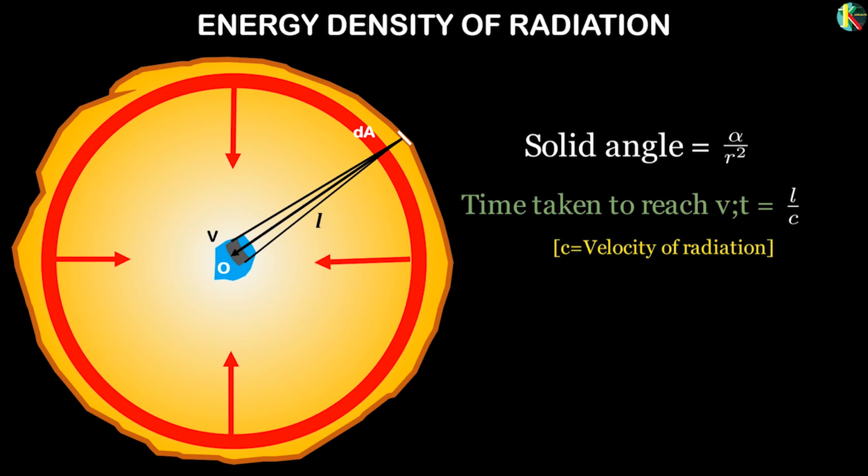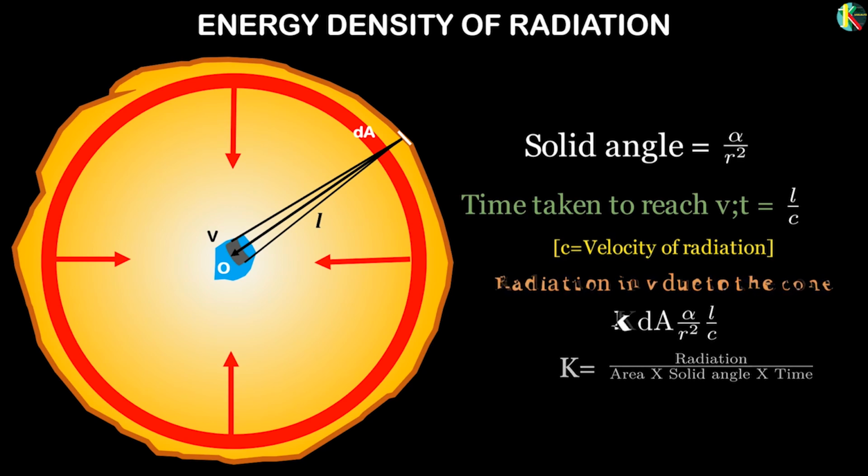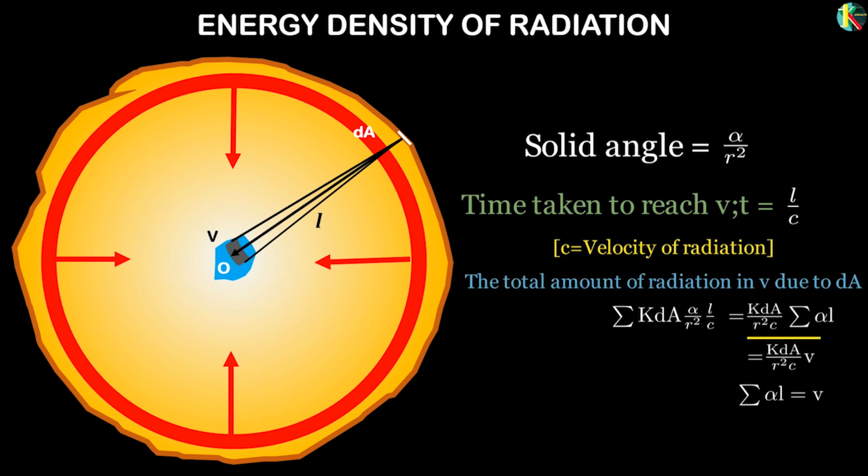The amount of radiation contained in volume V due to the elementary cone is therefore given by this expression. Here k is the specific intensity of radiation, that is, the amount of radiation proceeding in a given direction per second per unit area per unit solid angle. The total amount of radiation contained in V due to dA is given by this formula.